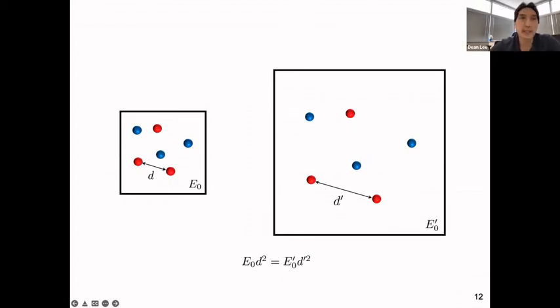So if I take a system with the interparticle spacing of d and the ground state energy of E0, and if I rescale this system so that the interparticle spacing is d prime, then I have this very simple scaling relation between E0 and E0 prime, that E0 d squared is equal to E0 prime d prime squared.